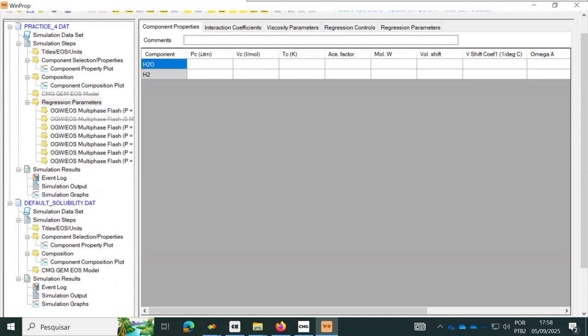You don't have how to regress on other salinity. The parameters are fixed for a specific salinity. So my recommendation is to pick the salinity more representative for your case, pick data that represents that salinity or is close enough to that salinity, and regress on that data to calibrate.